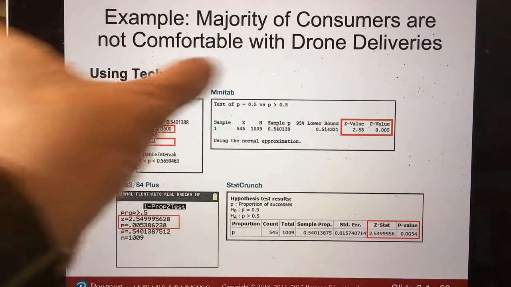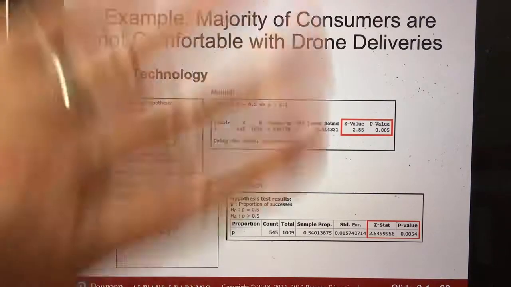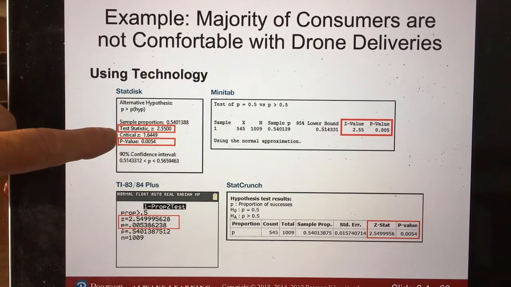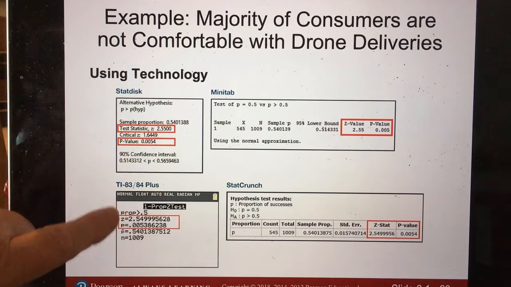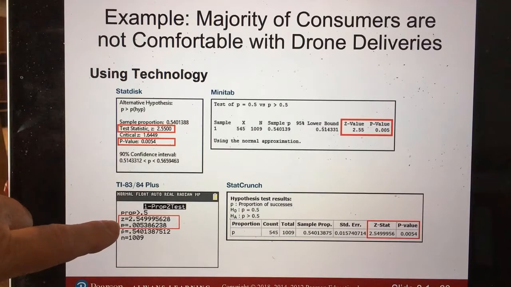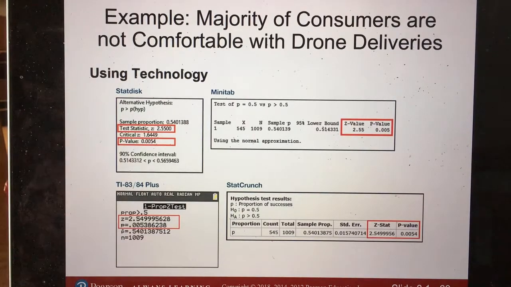But what they're trying to get you to see now, like this is just an overview, is that the technology exists for you to be able to just stick a couple of things in your calculator and you get out your test statistic and your p-value there. So we'll learn more about that as we go along.